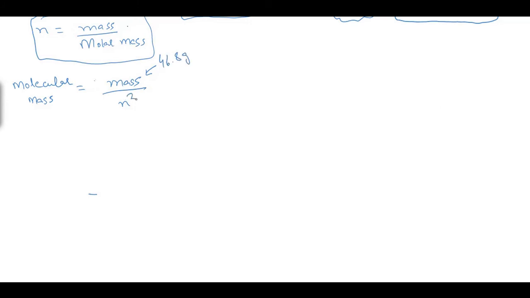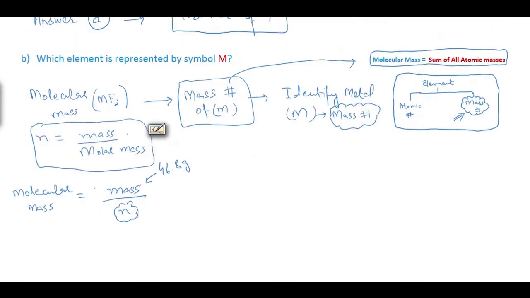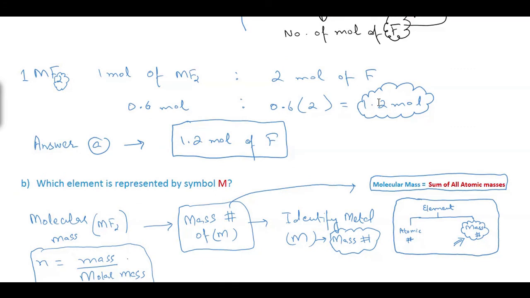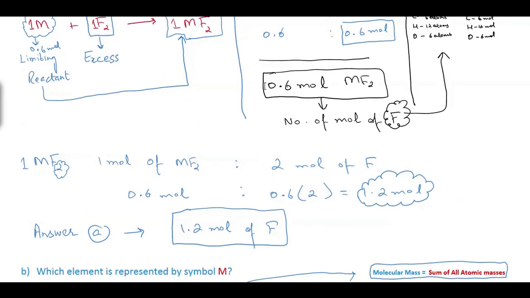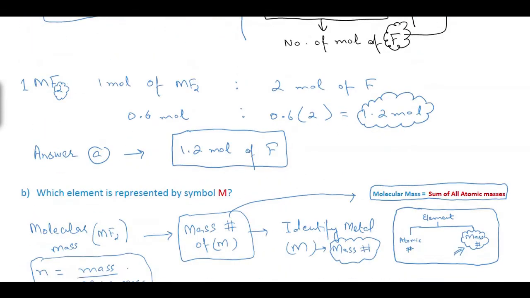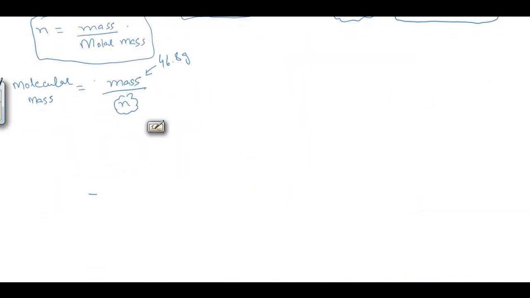And the second thing is the number of moles, and we have determined the number of moles of MF2 from the first part. Number of moles of MF2 will be 0.6 mole. So let's solve it.